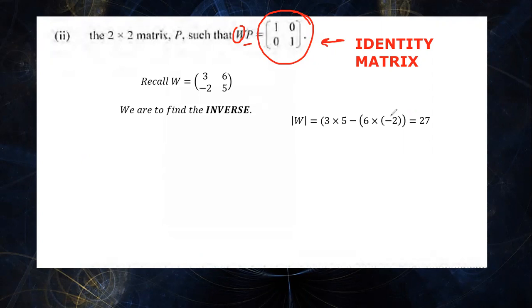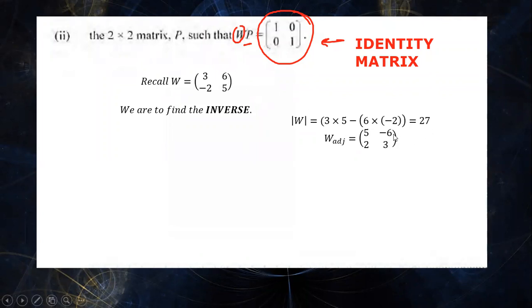All right, that's good advice. See if it makes sense to you as well, right? Don't just take advice randomly. All right, next, this is the adjoint of the matrix W, which is how we do that. We're going to switch 3 and 5 in position, and we're going to switch the signs of the negative 2 and 6.